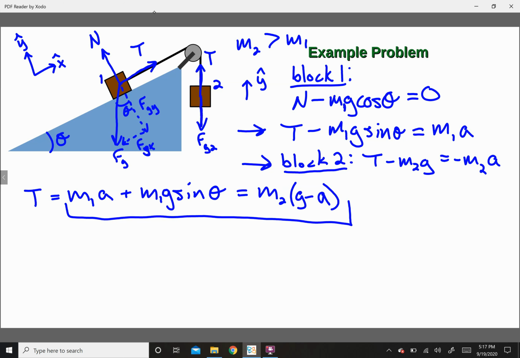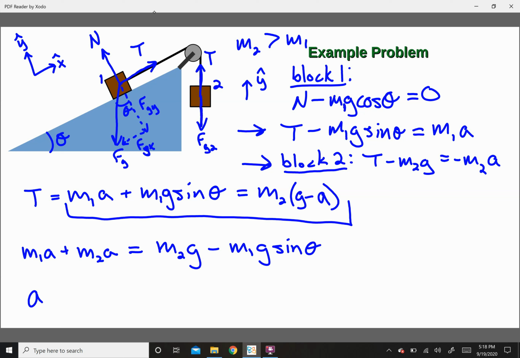So I want to bring all the a's to one side. So I'd have m1a plus m2a equals m2g minus m1g sine theta.